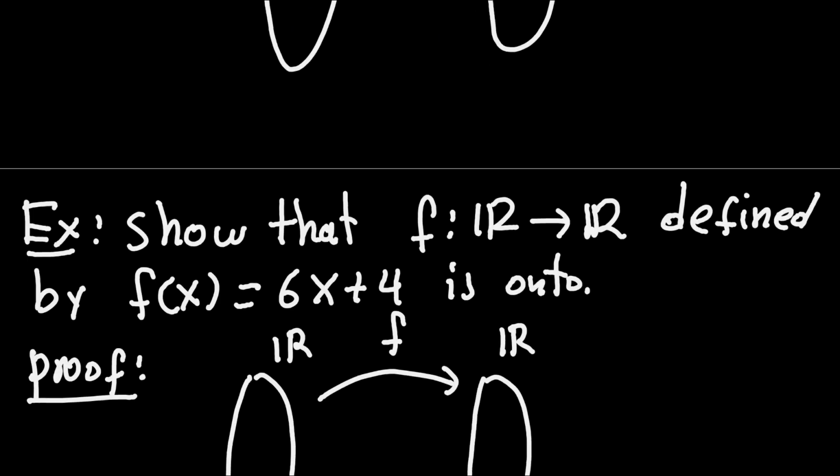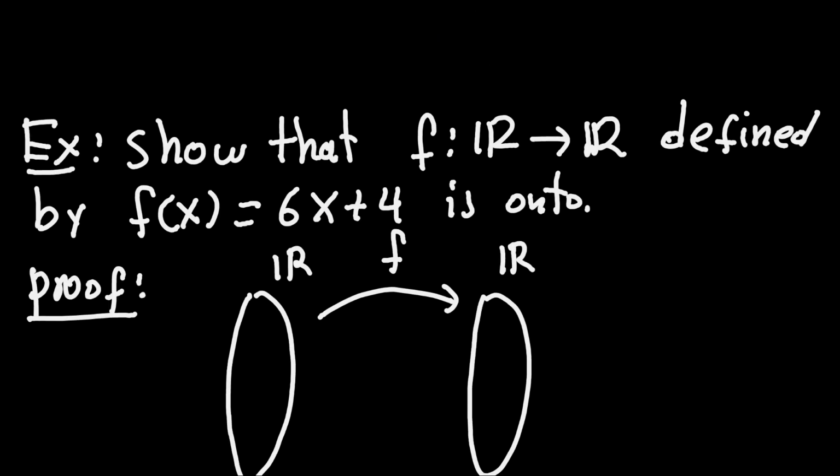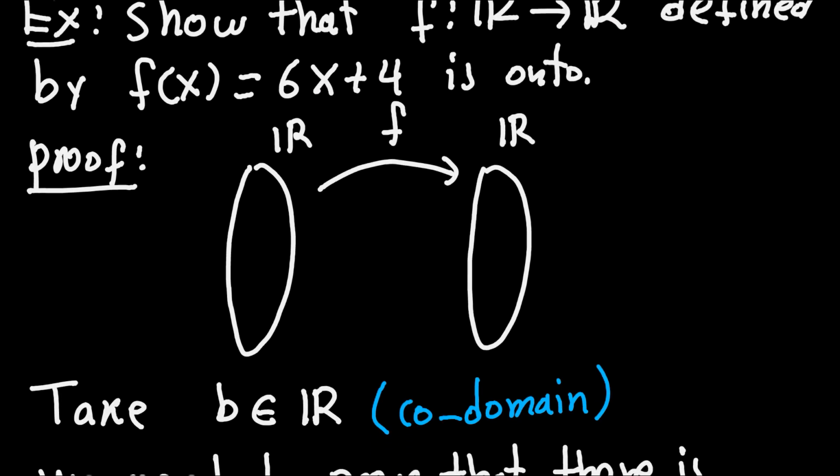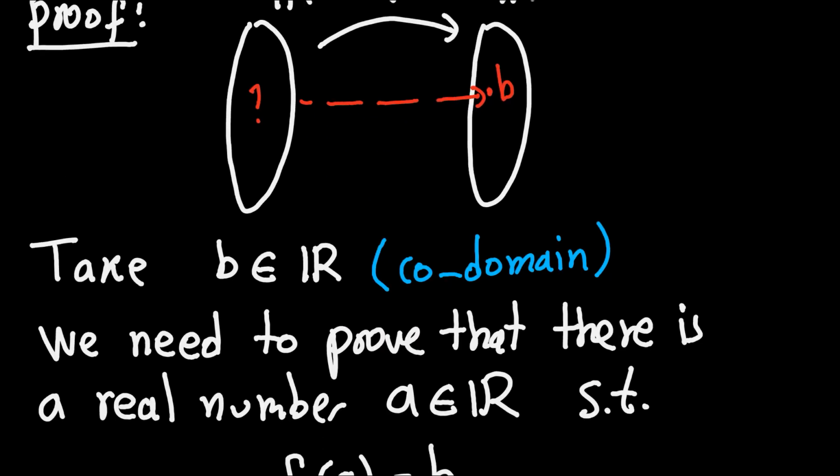Let's look at the same function, from the real numbers to the real numbers, defined as 6x plus 4, and let's check that it is onto. Let me emphasize the definition one more time: you take an element b in the codomain, and we have to produce an element in the domain that maps exactly into b.